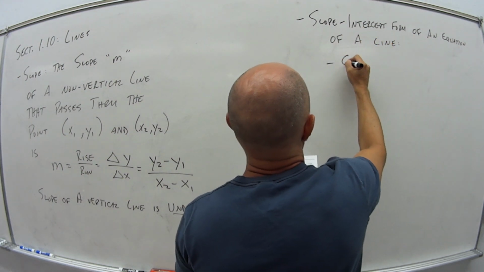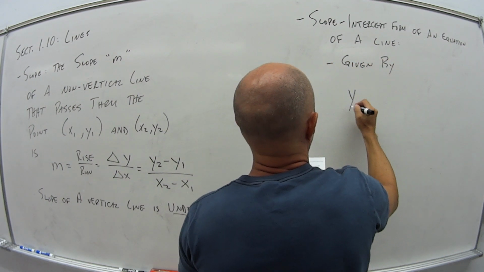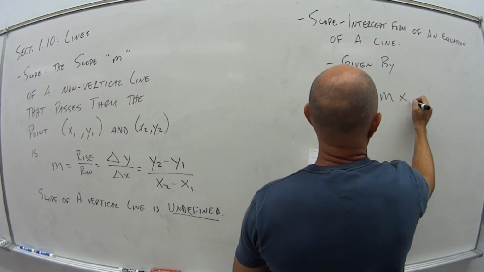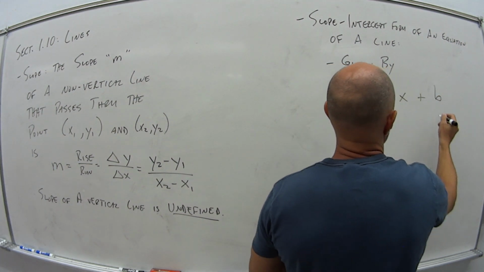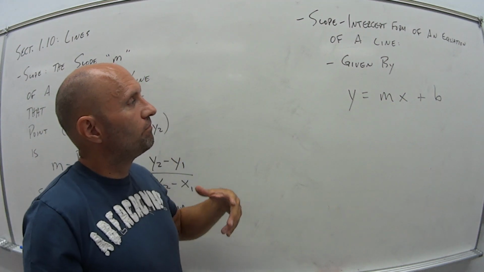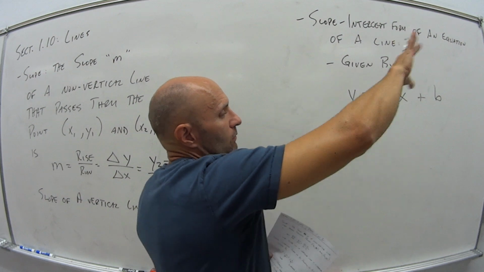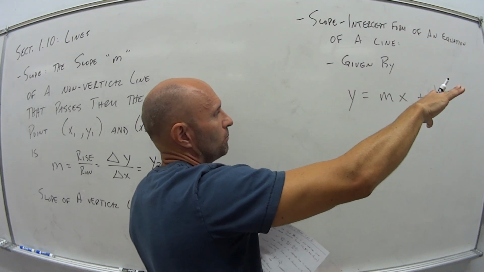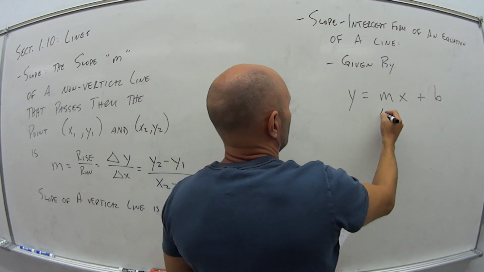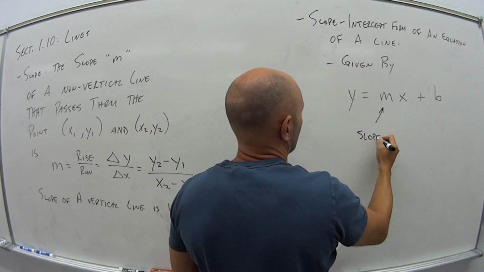And that's given by the following formula. y equals mx plus b. So if you have an equation written y equals something x plus or minus some number, this m is our slope.